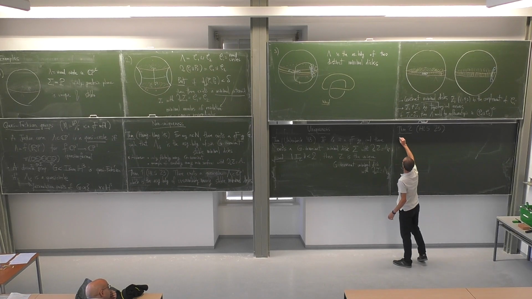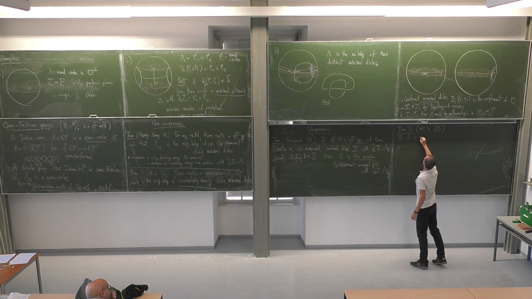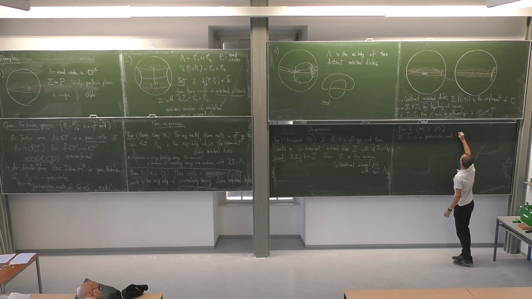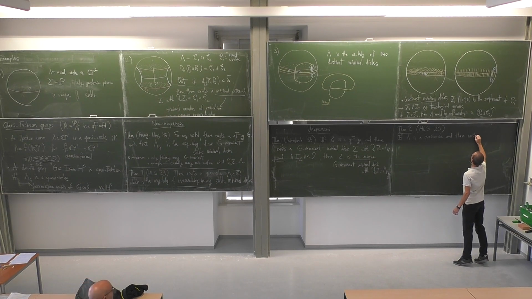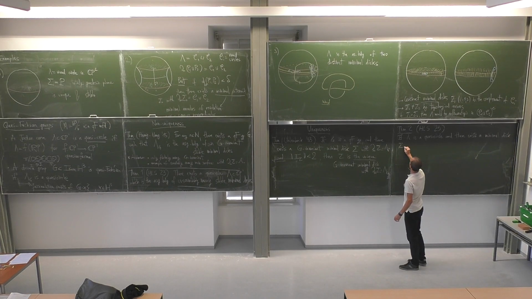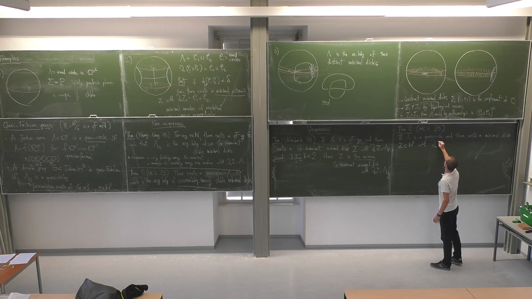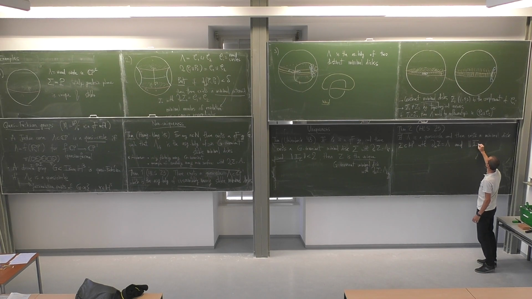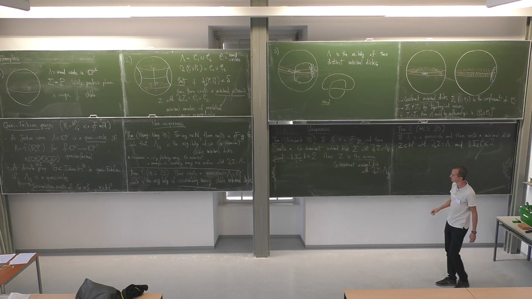So if lambda is a quasi-circle and there exists a minimal disk sigma in H3 with the asymptotic boundary equal to lambda and the condition on the second fundamental form, where less than, actually we can do less than or equal to 2.